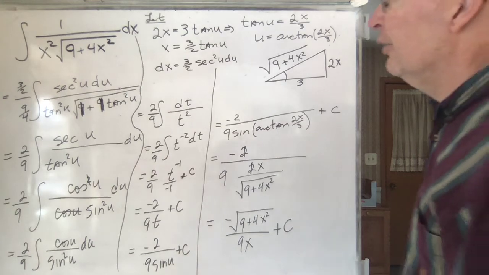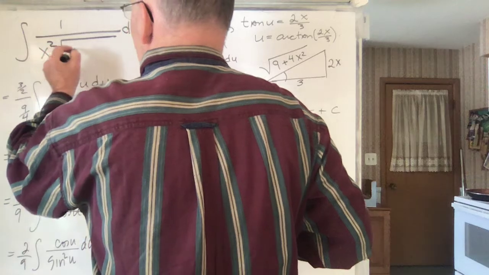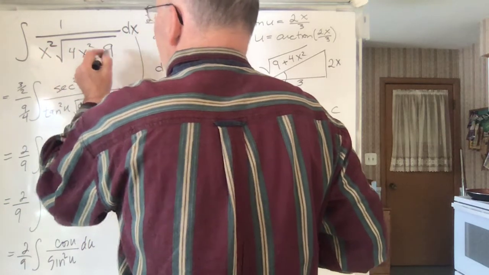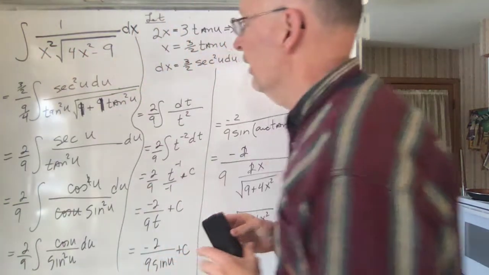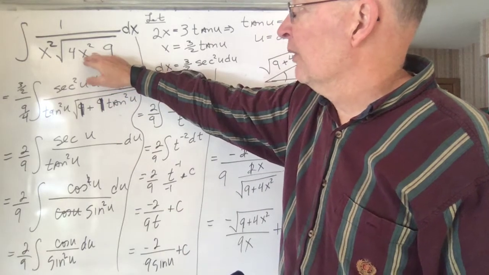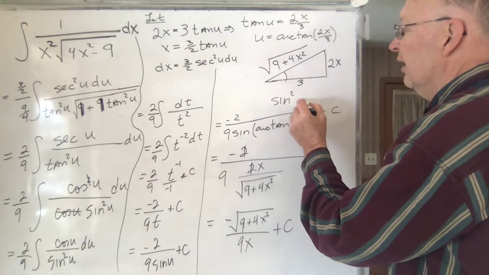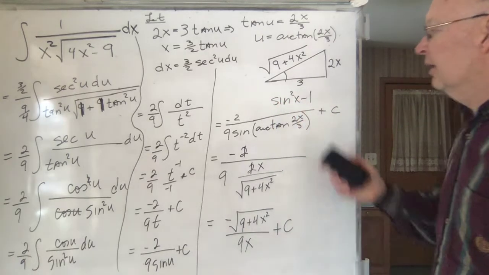The only other kind you could get would be what happens if you have something like this, 4x squared minus 9. Notice you have a minus there again, but this time you have the x squared in front. That would be similar to saying something like sine squared x minus 1.